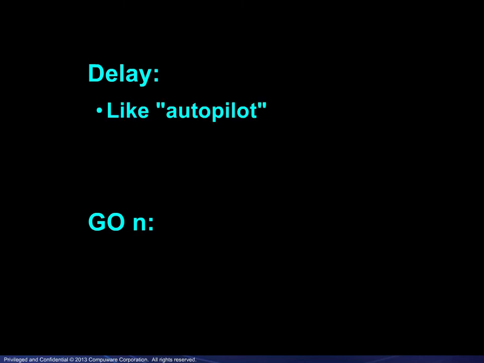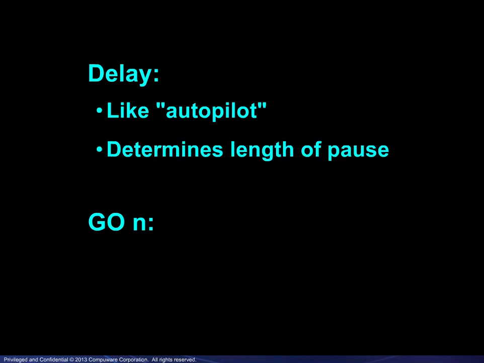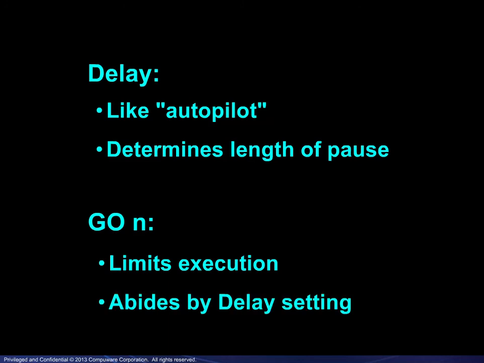Using the delay is like using autopilot, as the program steps through code, statement by statement, without having to enter Go1 commands from the keyboard. The delay value itself determines the length of the pause on each statement. The GoN, of course, limits the execution of the program, and it abides by the delay setting.